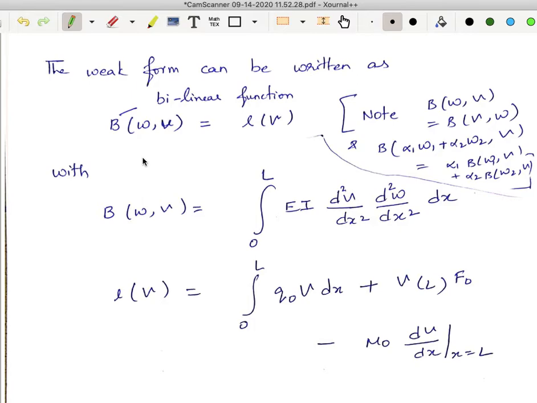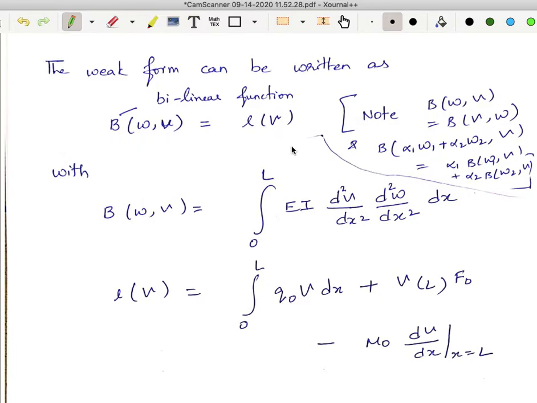we can write our weak form statement as some bilinear function of w comma v equal to a linear function of v, L of v. So what will be b of w comma v?